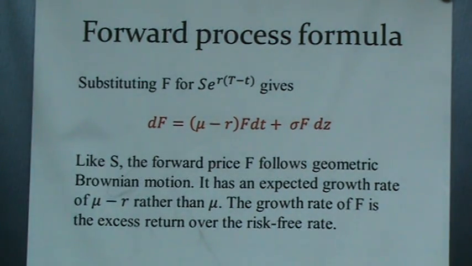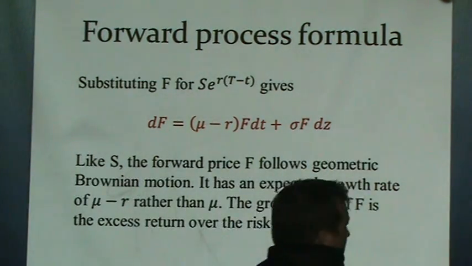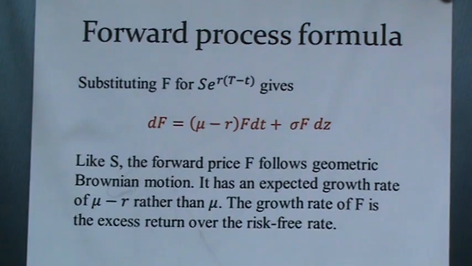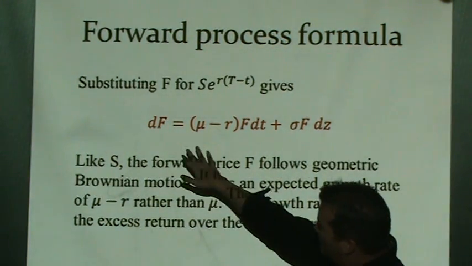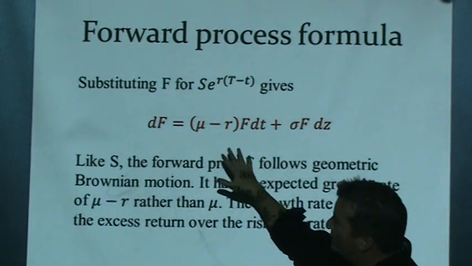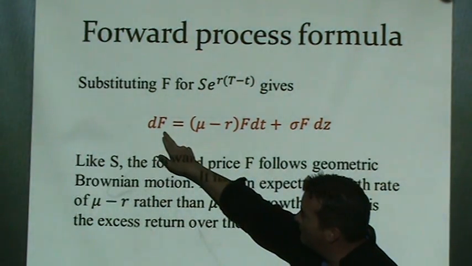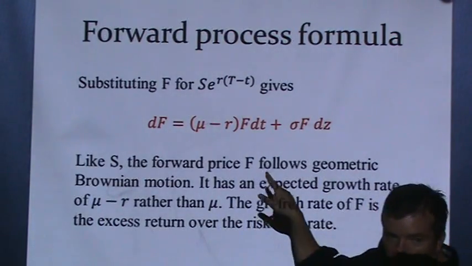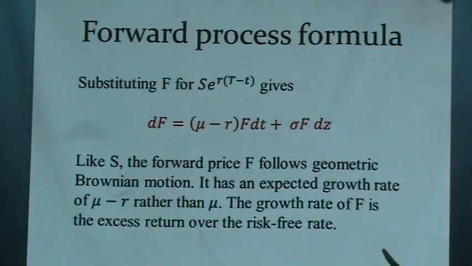So we now have a mechanism, this Ito's lemma. If we have a process for some equity, we could model any derivative, anything that derives its value from that equity, using whatever function we want.